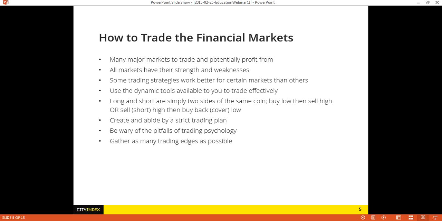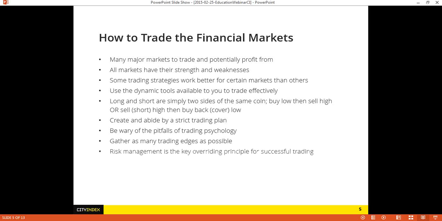So why not put as many edges as you can together? Won't you have a better, higher probability of having a correct direction in your trade? So what I always talk about is, you want to find confluence in your trading. You want to find as many edges as you can and put them together. If they're all pointing in the right direction, that makes for a higher probability trade.